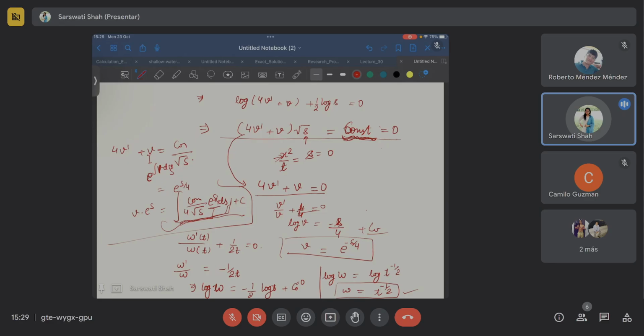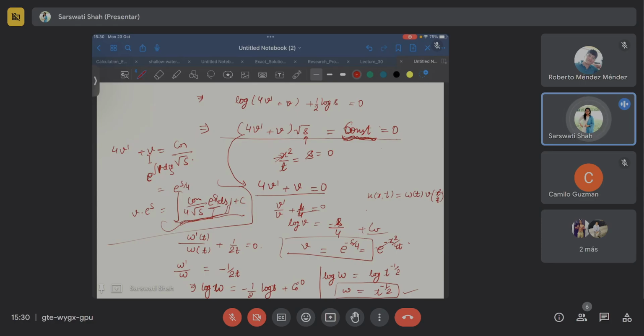So we have the form of W, we have the form of V. And what we assumed, we got that the solution is going to be of the form u(x, t) equals W(t) and V of x square over t. So V, if we write it in the form of x square over t, so minus s is x square over 4t. So what will be the complete solution?